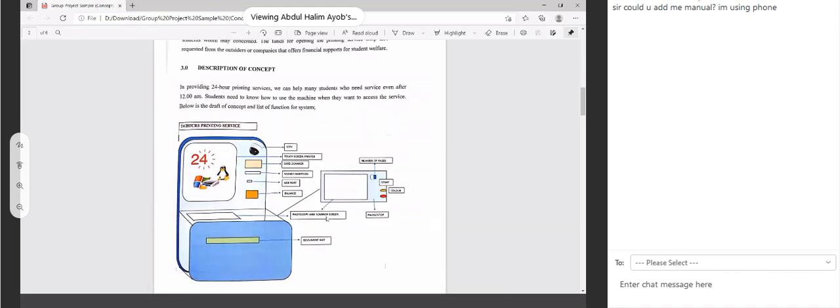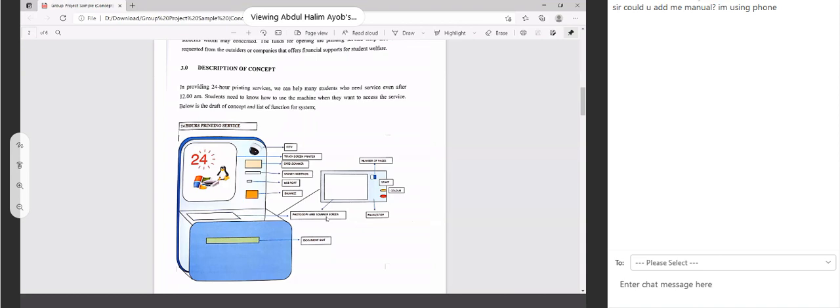This is what I mean by having your idea. This one is an example of a concept. My students designed this 24-hour printing service. So this one is a product that you create or design on your own.